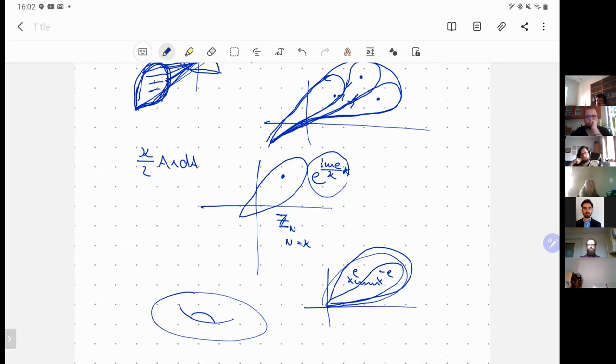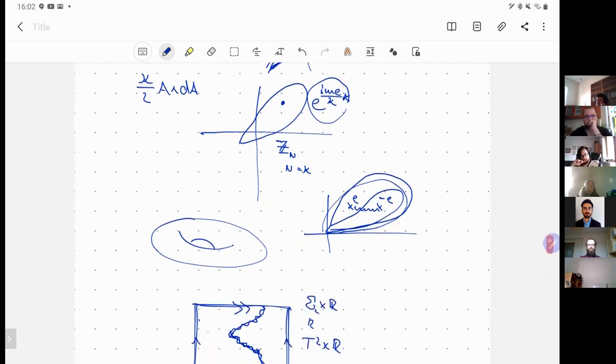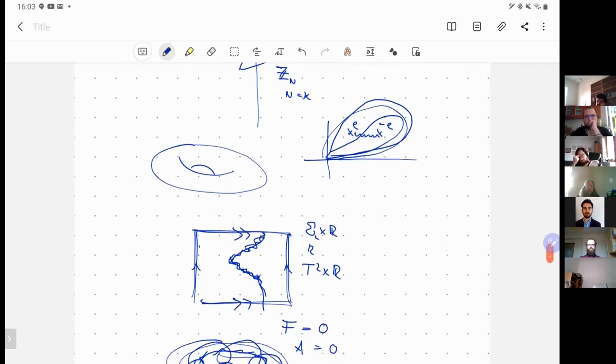What I mean by that is that if this kappa is 1, then if I cross the branch cut, I generate no holonomy. So in theories where this is 1, I'm going to have one unique vacuum, because there's no possible line I can wind around either of the cycles.